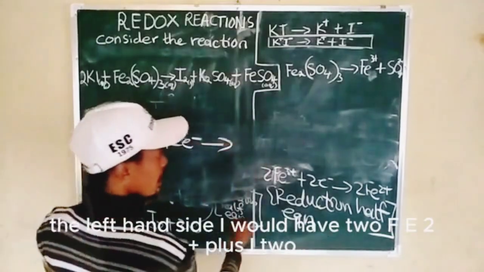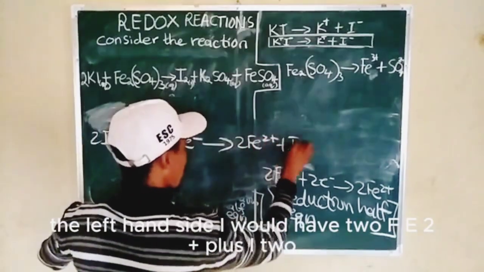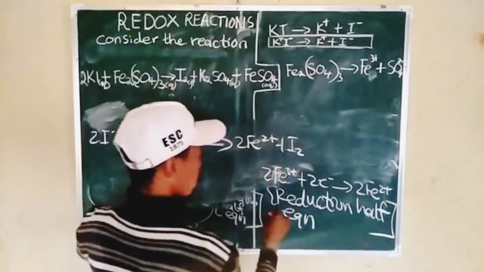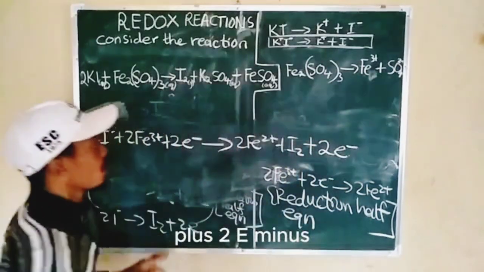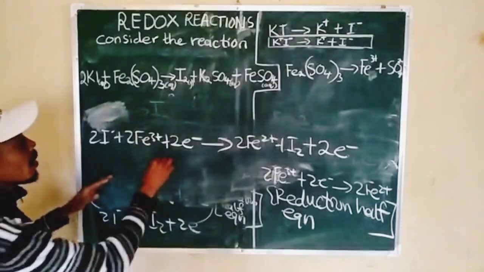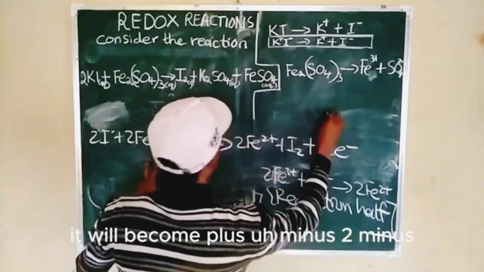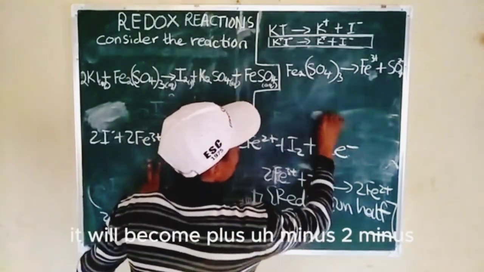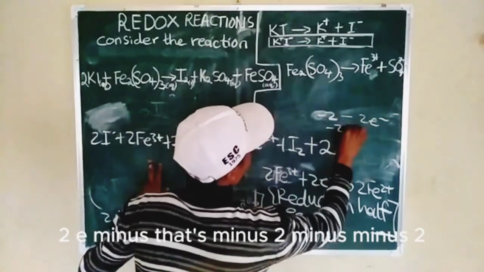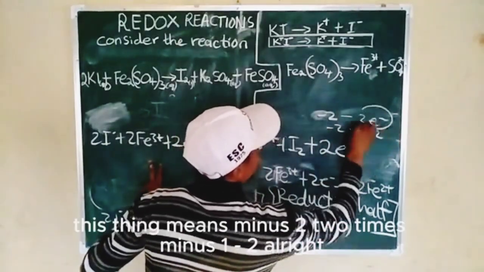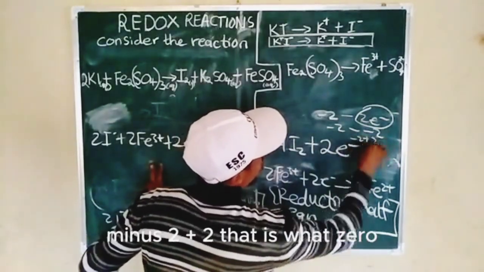The right hand side, I would have 2Fe²⁺ plus I₂, plus 2e⁻. You can put 2e⁻, or you take 2e⁻ to the other side. It will become minus 2e⁻, and minus 2 plus 2 is 0.